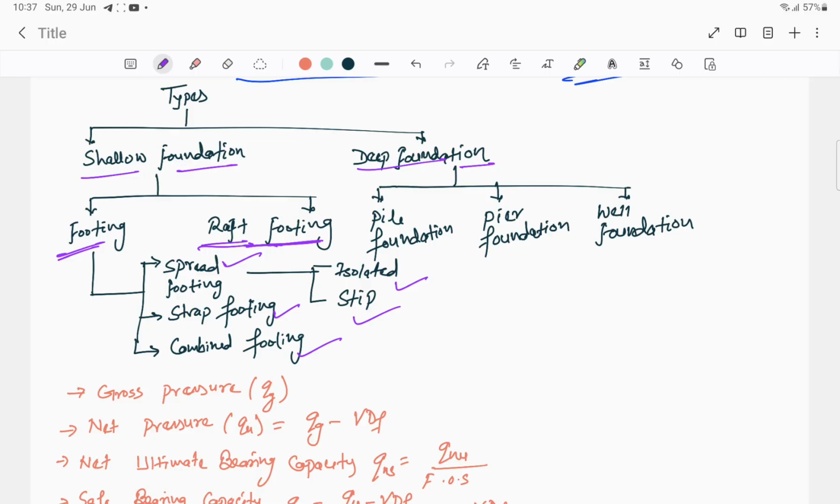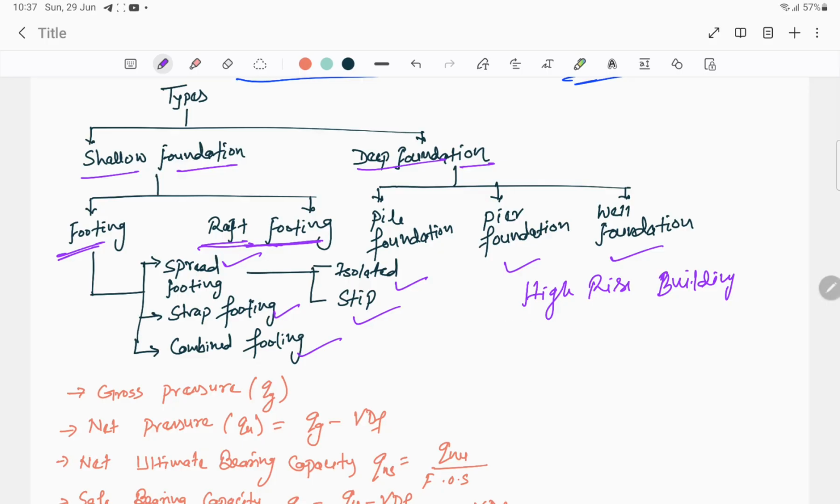Another type is deep foundation. In deep foundation there is pile foundation, then pier foundation, and well foundation. These types of foundation are basically used in high rise buildings, when the height of the building is more than 30 meter, 40 meter, 60 meter: 40-story building, 30-story, 60-story building, 80-story building.